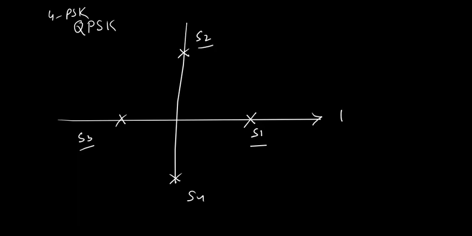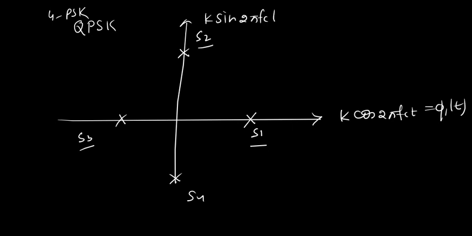This axis is k cos 2π f_c t, which is your first basis. This is your k sin 2π f_c t, which is your second basis, and your value of k is a normalization factor, which ensures that energy of this is 1, and accordingly you have written this value is 1 upon, so you have to write accordingly what we have written.